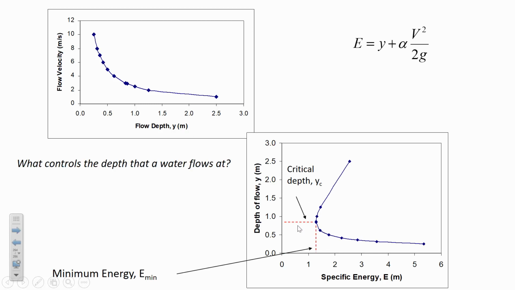And if we think of the slope as what's controlling the depth of flow, remember that the low depth of flow, like when it was really shallow, was when the water was moving fast. You had a big velocity when it was shallow.